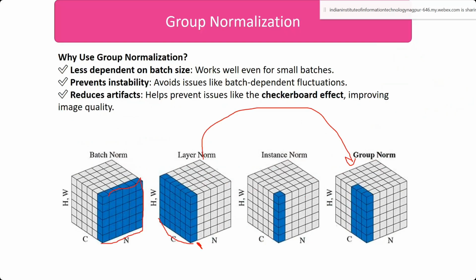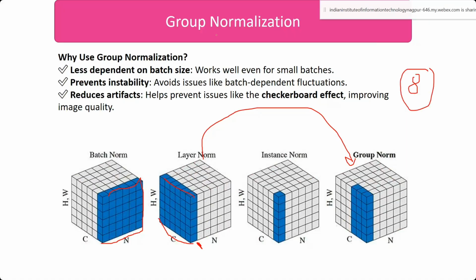Instead of this, in group normalization you divide the complete set of channels into groups. If you have 64 channels, layer normalization will consider all 64 channels, but in group normalization I will divide the channels into a group size of 8. So 8 channels I will consider. This is how group normalization works.